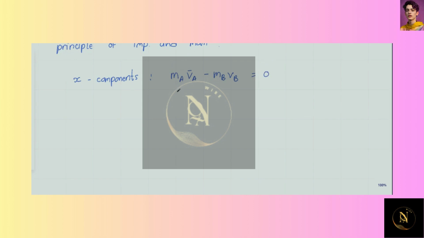So substituting our values in here, we get that 6 pounds over g, the mass of A, times the linear velocity of its center, VA, is equal to the mass of B. The wooden cart has weight 10 pounds, over g, times its velocity, VB.